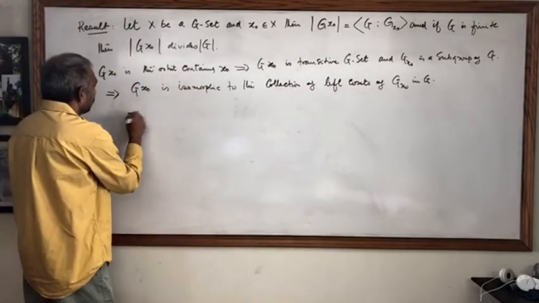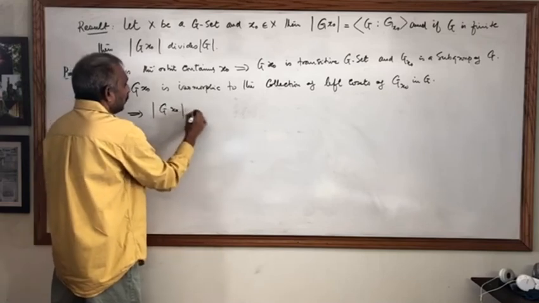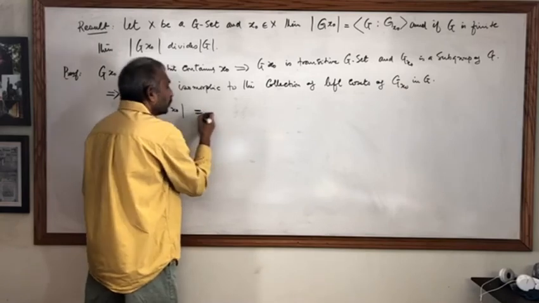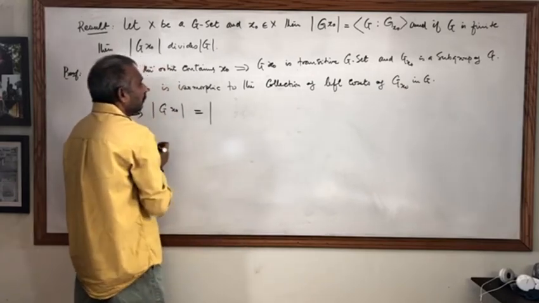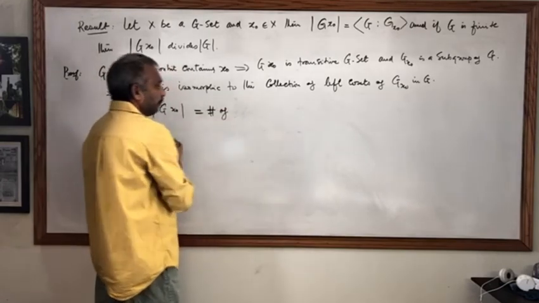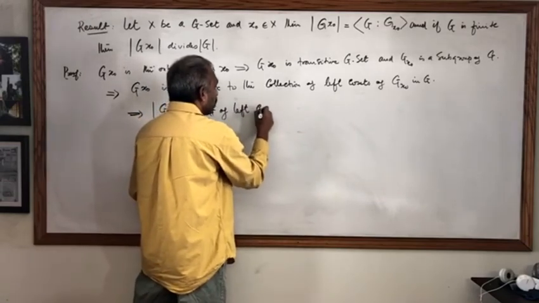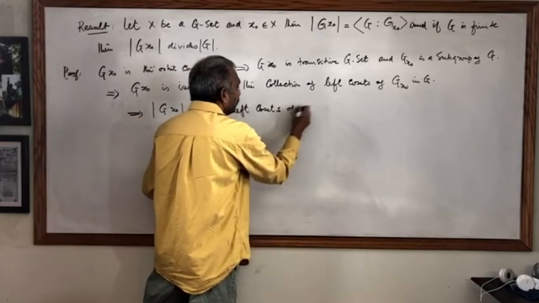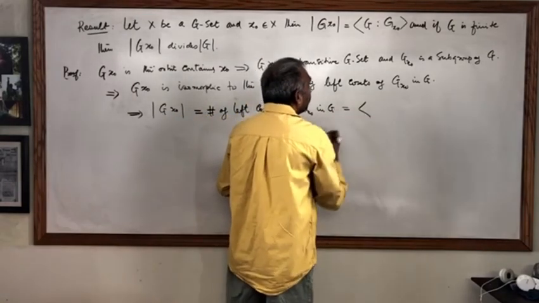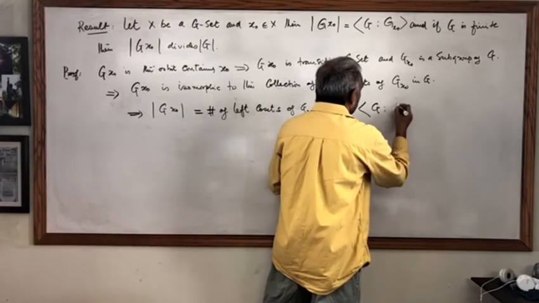And that means the cardinality of the orbit Gx0 is equal to the number of left cosets of the stabilizer in G, and that is nothing but the index.